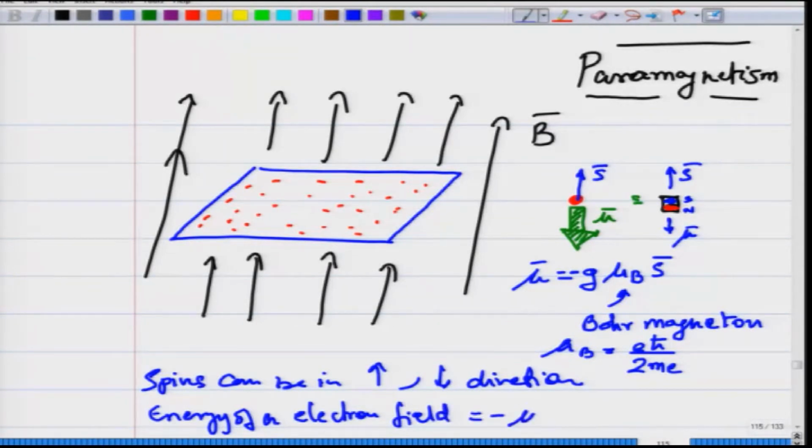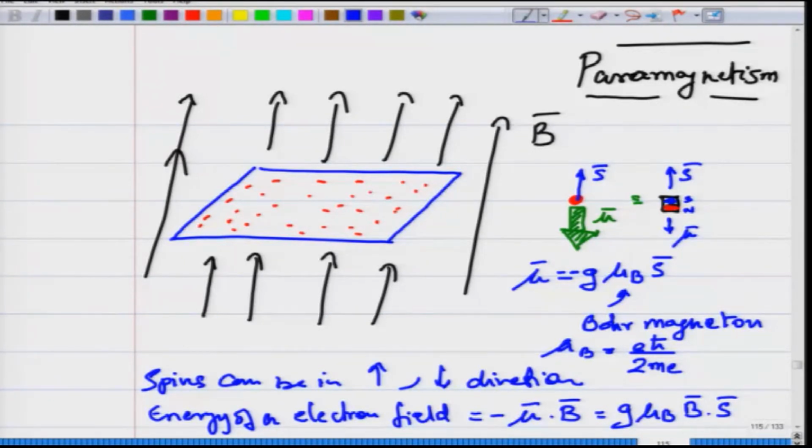If B is the magnetic field, then the energy of placing this magnetic moment in the magnetic field is minus mu dot B, which you can just substitute: it is g mu_B B dot S, the dot product of the magnetic field with the spin.